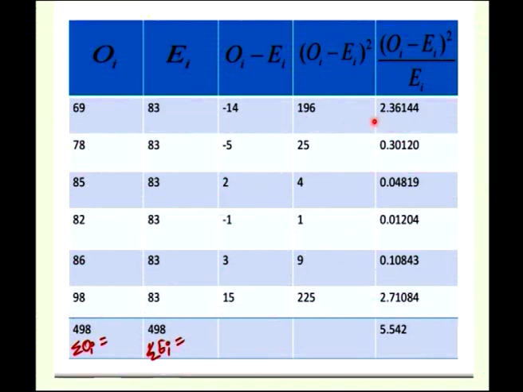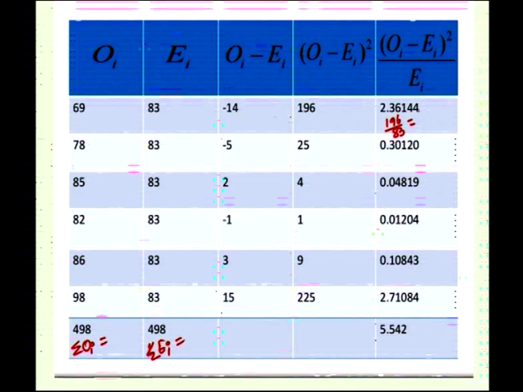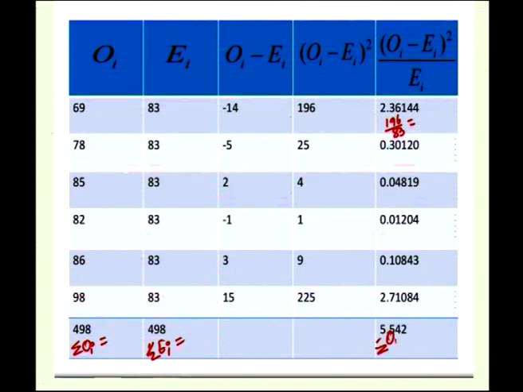So, this value is 196 by 83, which is 2.36144, then 0.30120, like that we have formed this column, and its total comes to be equal to 5.542. What is the summation? It is nothing but summation OI minus EI whole square by EI, that is 5.542.